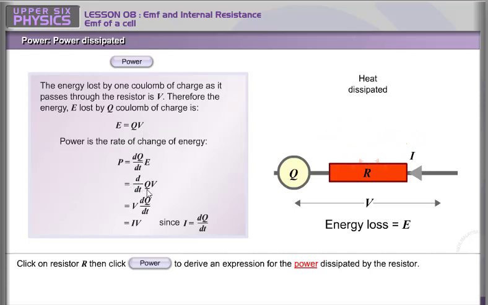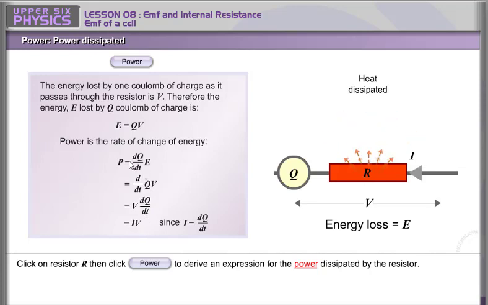Here, the potential difference across the resistor will be constant, so we bring it out. The one that is changing is dQ over dt, which we know is the rate of change of charge, and the rate of change of charge is equivalent to I, current.